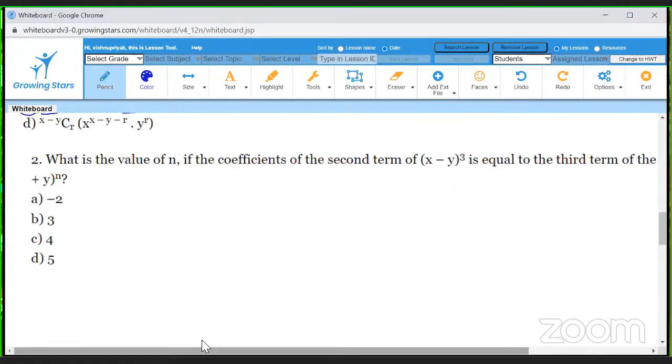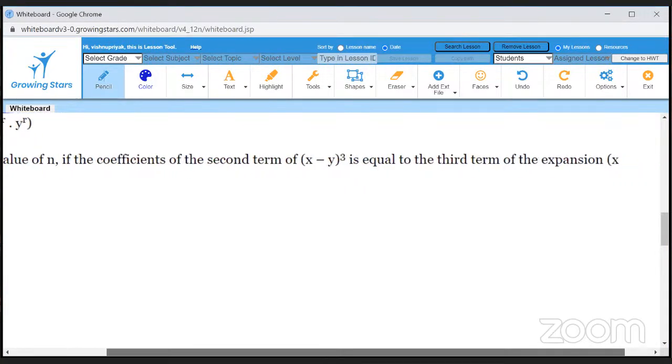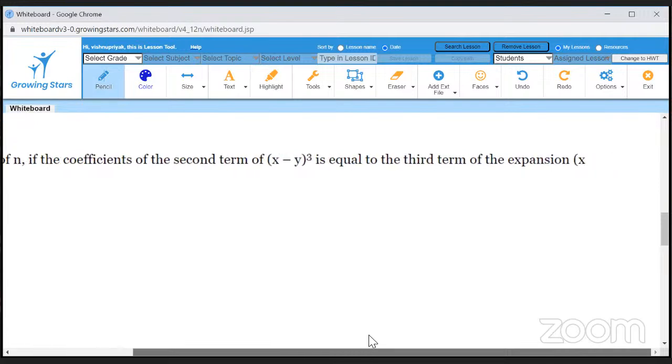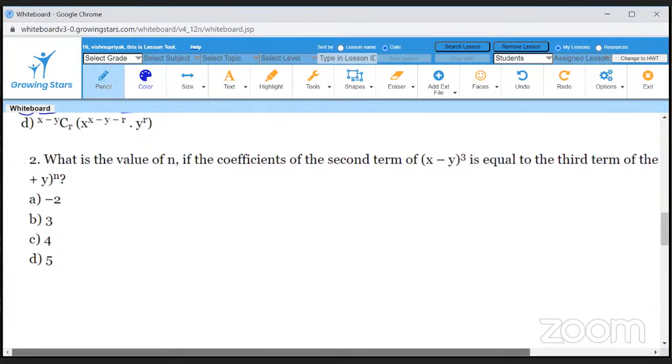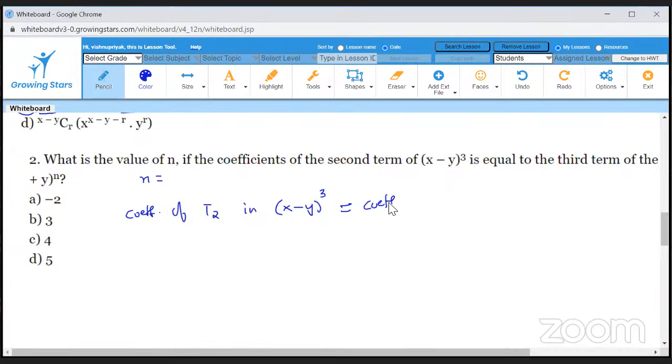What is the value of n if the coefficient of second term of x minus y whole cube is equal to third term of x plus y whole power n? So first you have to find n. Then what they said, coefficient of T2 in x minus y whole cube, second term, is equal to coefficient of T3, third term, in x plus y whole power n.